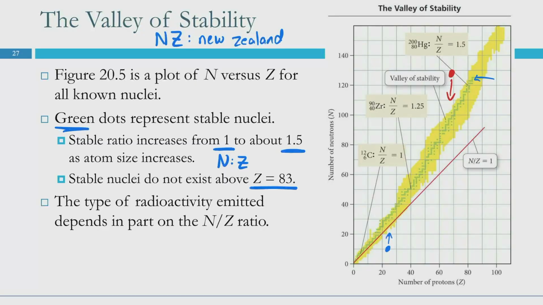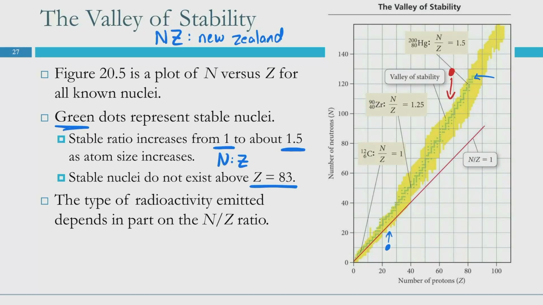So in a perfect scenario, we would have equal protons and neutrons? Not equal. There are different ratios. At small numbers, small things, our N to Z ratio is 1. As we get to larger stuff like zirconium, it comes up to a 1.25 ratio, and then way up here with mercury, it's 1.5.